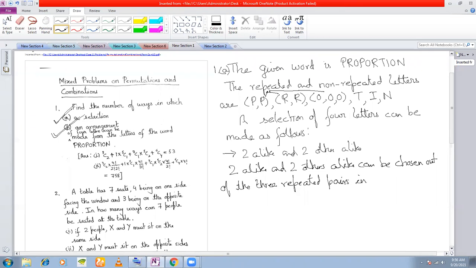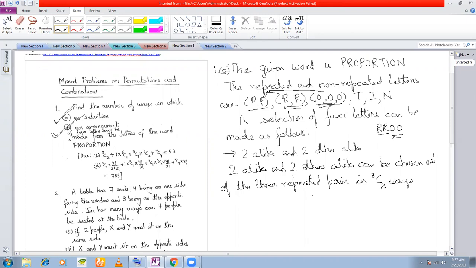You can select any 2. So in how many ways? 3C2 ways, right? If you have RR and OO, you select RR here and you select OO from here. So any 2 out of the 3. That is why it can be done in 3C2 ways.